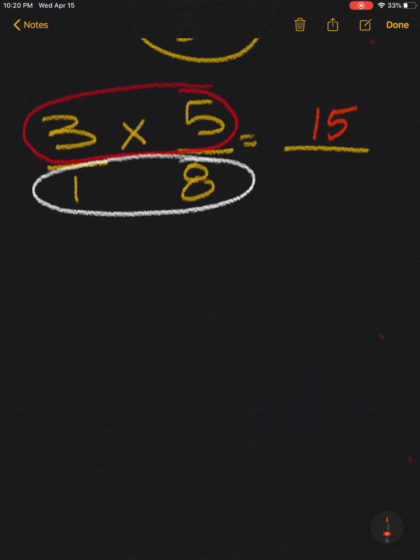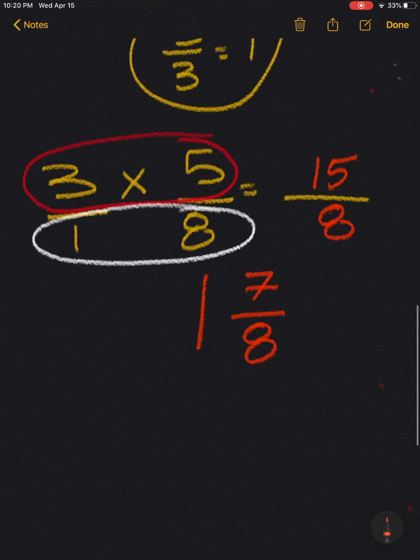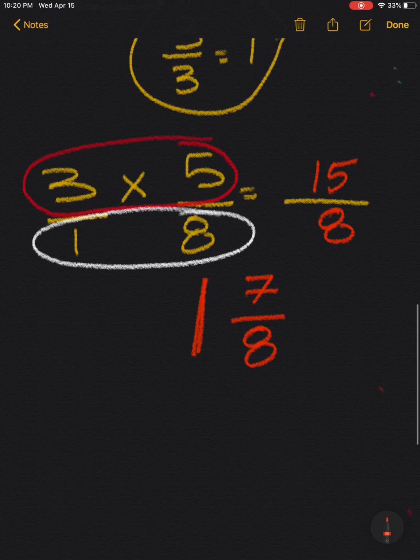So 3 times 5 is 15. 1 times 8 is 8. So that's 1 and 7/8, right? Because 8 plus 7 is 15, so 1 whole 7/8.